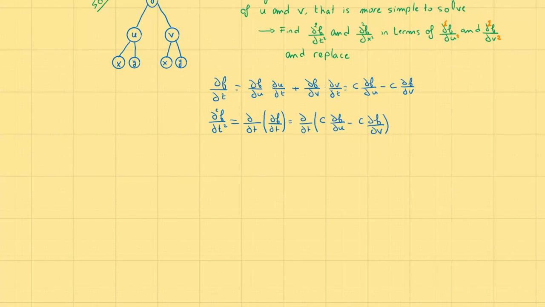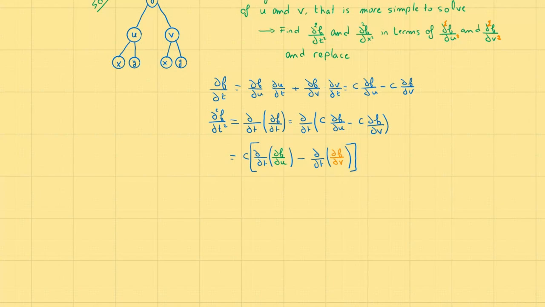Then we need to apply d over dt on each one of them alone, because it's a sum. So it will be c times the derivative with respect to t of the first one, which is df over du, I will color it in green, minus c times d over dt of the second function, which is df over dv.